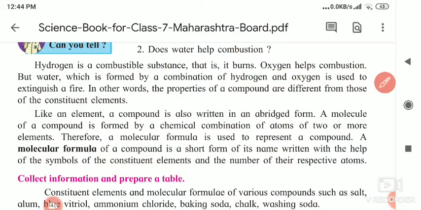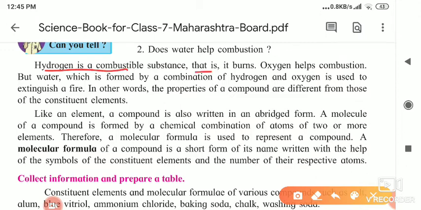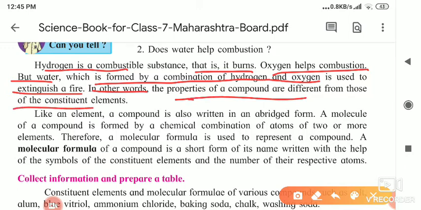Here hydrogen is a combustible substance, that is, it burns. Oxygen helps for combustion, but water, which is formed by the combination of hydrogen and oxygen, is used to extinguish fire, to put off the fire. So in other words, the properties of a compound are different from those of the constituent elements.